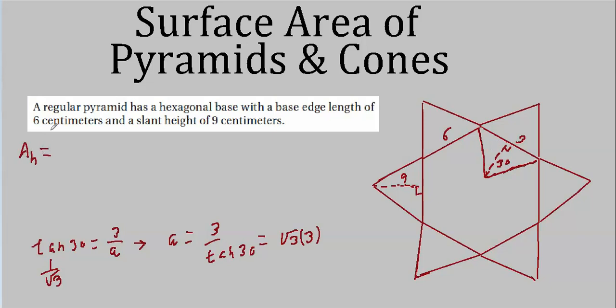Well, then we get the altitude, that's 3 times the square root of 3, times the base, that's 6, and all that has to be divided by 2, of course. Well, 6 divided by 2 is 3 times 3, I get 9 times the square root of 3 for the area of the hexagon.